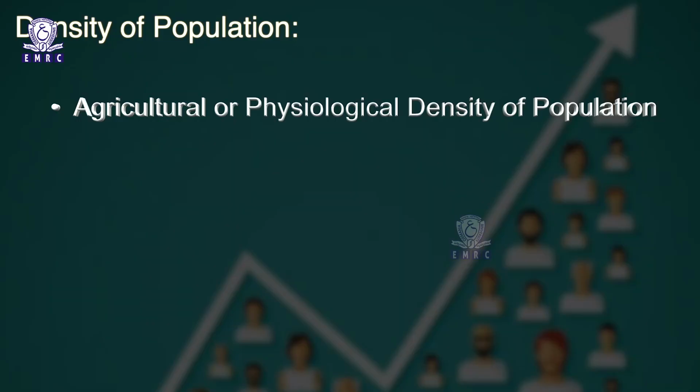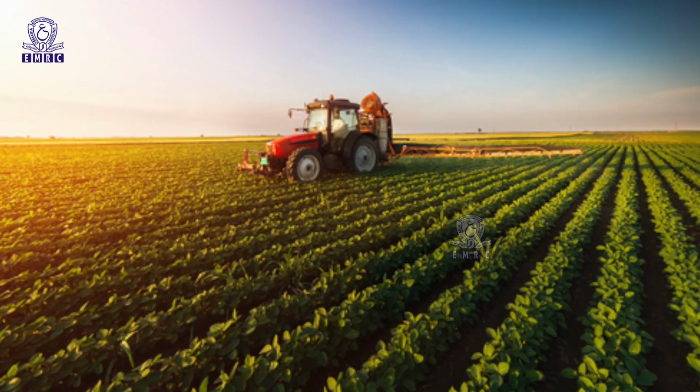Now let's look at the agricultural or physiological density of population. The agricultural density reveals the pressure of population on agricultural land. It is calculated by dividing the total population by the total agricultural land.